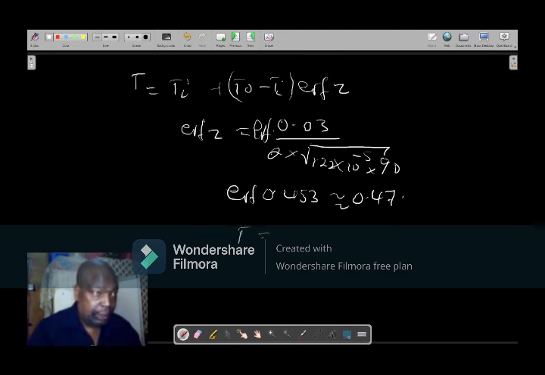So T equals 110 plus 0.47 times (30 minus 110), and that will give us a figure of about 72.4 degrees C.